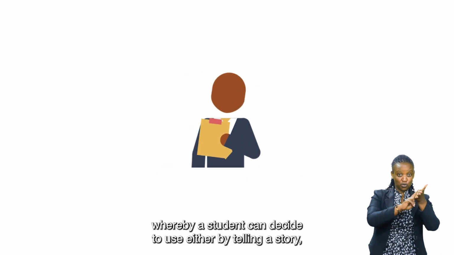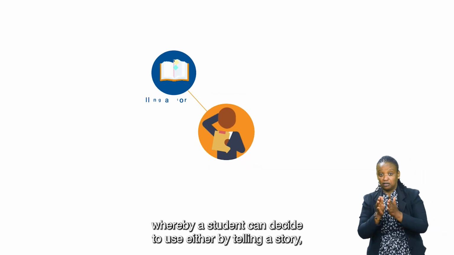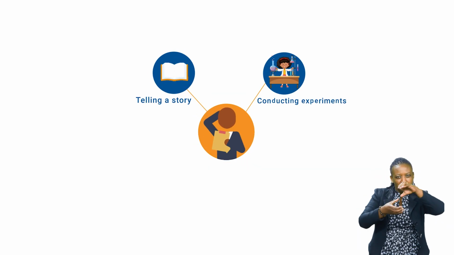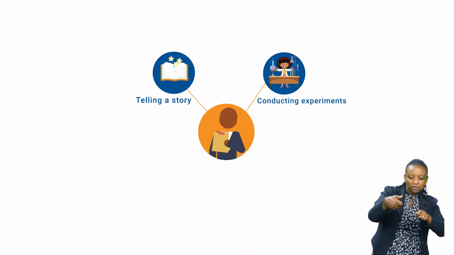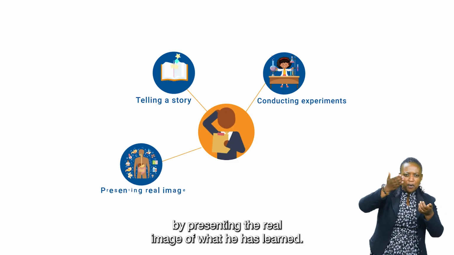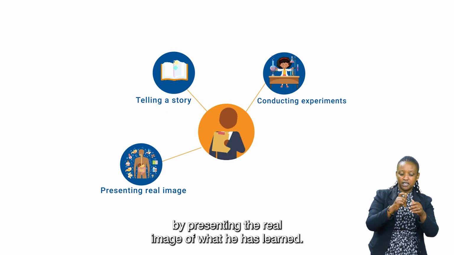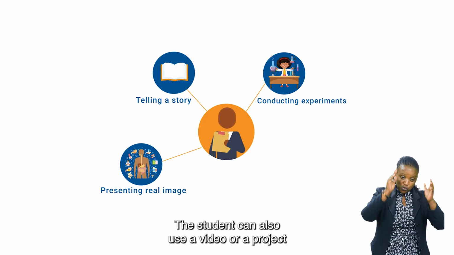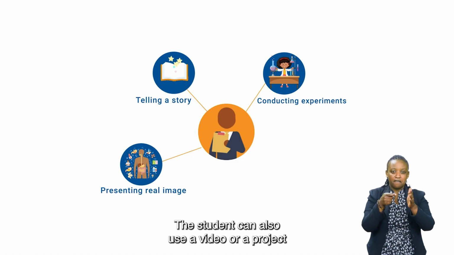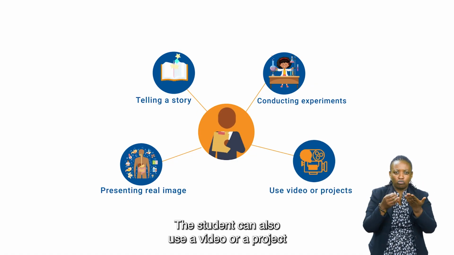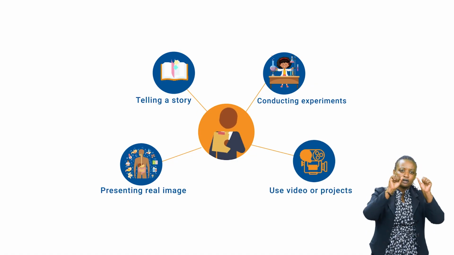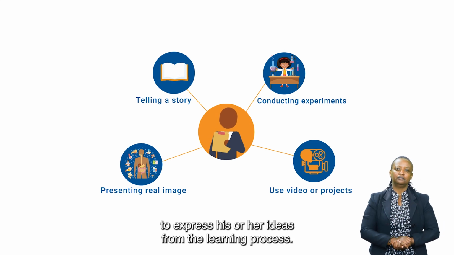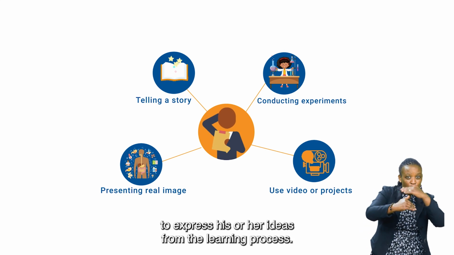Students are going to use multiple means of action and expression, whereby a student can decide to use telling a story, having an experiment conducted, or presenting the real image of what he has learned. The student can also use a video or a project to express his or her ideas from the learning process.